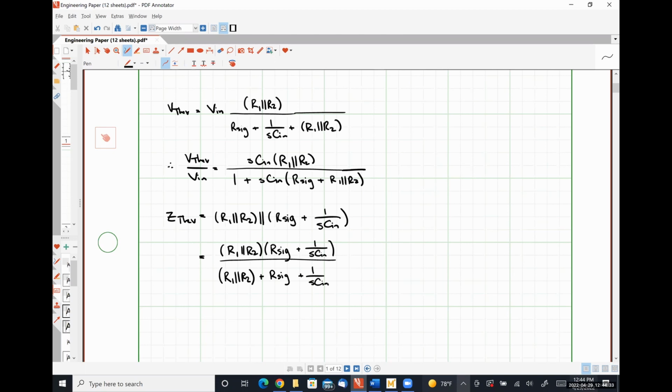If I multiply by SCn in the numerator, that's going to leave me with R1 in parallel with R2 times 1 plus SCn R sig.